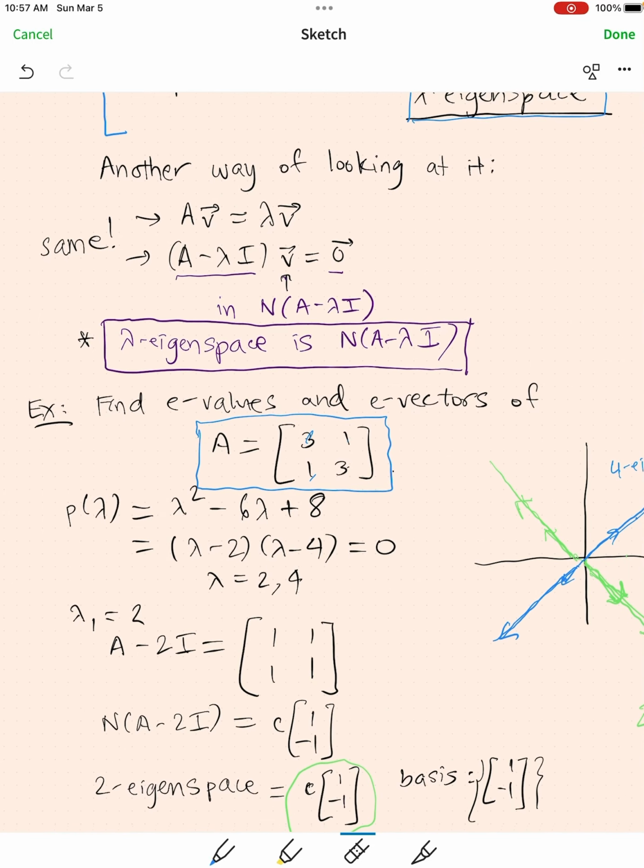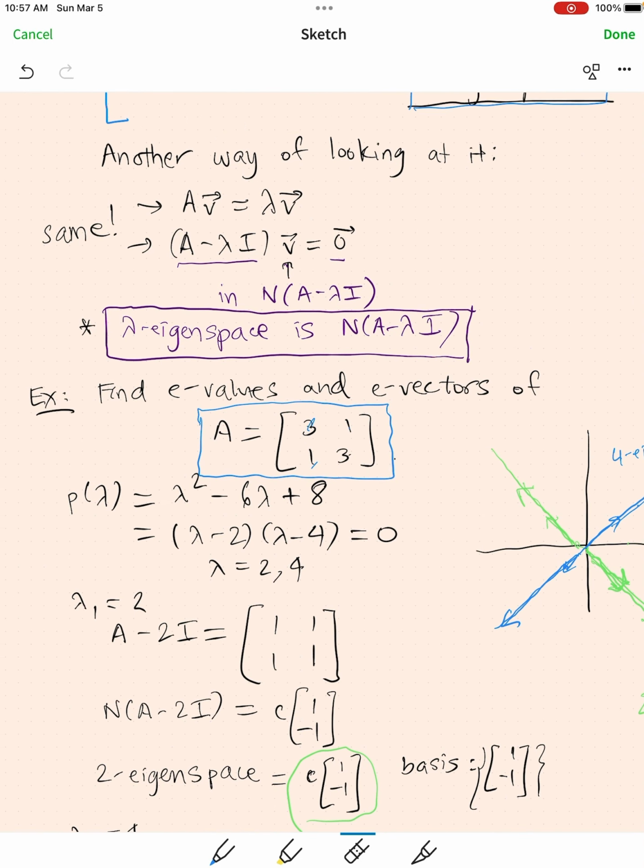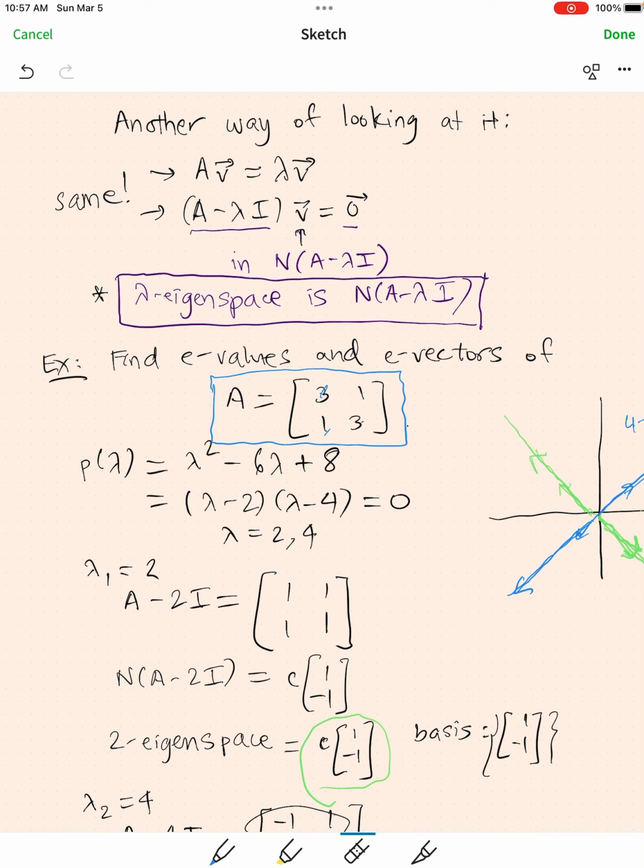The second thing we did is to recognize that the solutions to Av equals lambda v are the same as the null space of the matrix A minus lambda I. And we went over in class that the null space of any matrix is a subspace. So that's another way of seeing that you get a subspace.